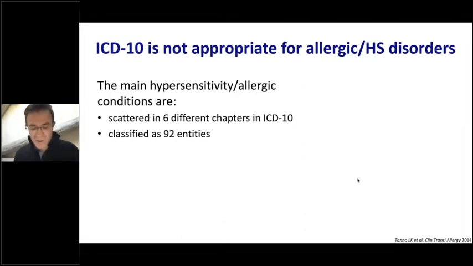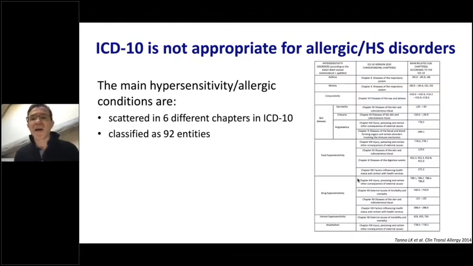Just to say that the 10th version is actually not appropriate for allergic and hypersensitivity diseases. Why? Because our 92 entities are scattered all over 6 different chapters, as listed on the right-hand side here. For example, asthma and rhinitis are in the same chapter of respiratory airway diseases. Conjunctivitis is in another chapter.